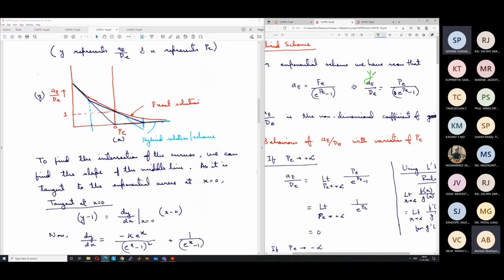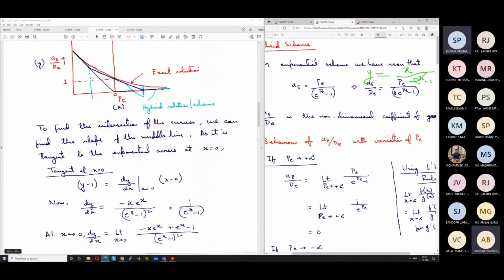I'm drawing with a mouse, so it is horrible. y is equal to x by e to the power x minus 1. Maybe I should bring my tablet. This is the curve, and we are trying to find the tangent at x equal to 0. So we are trying to first find the slope, dy/dx at x equal to 0.